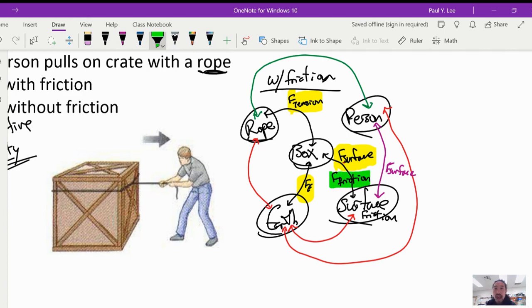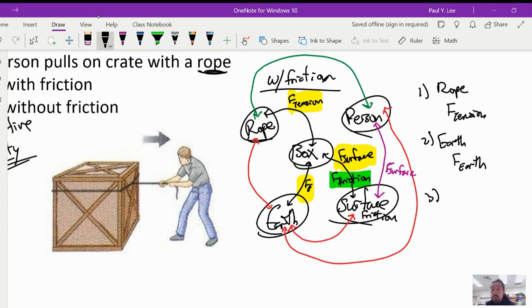There are a total of 3 objects that are interacting with the box, but there are a total of 4 forces. Let's list them. The 3 objects are the rope is interacting with the box, and with the rope we have the force of tension. We have the earth that's interacting with the box, and we call that the force of the earth.